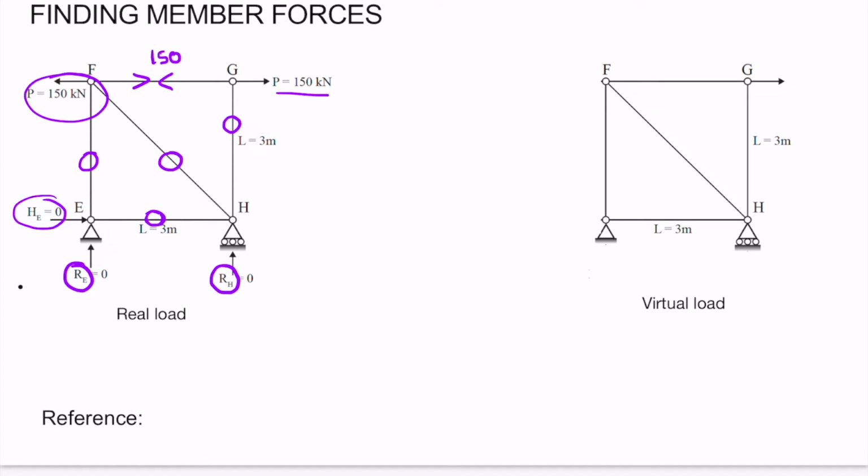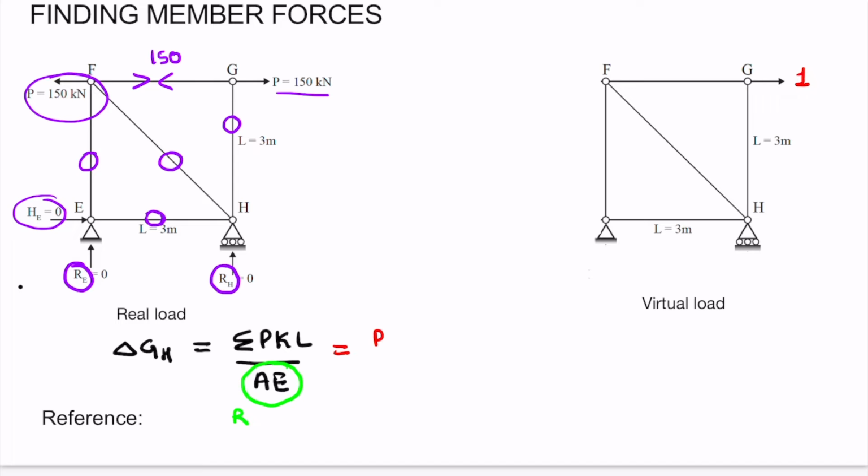Now before finding out the member forces due to this virtual load applied at node G, let us take a step back and see the formula which we are using. So we are finding out the horizontal displacement of node G. The formula for it is delta GH is summation of PKL by AE. Here AE is the axial rigidity of the members, and here it is given as R, which is same for all the members. So how will this formula go?